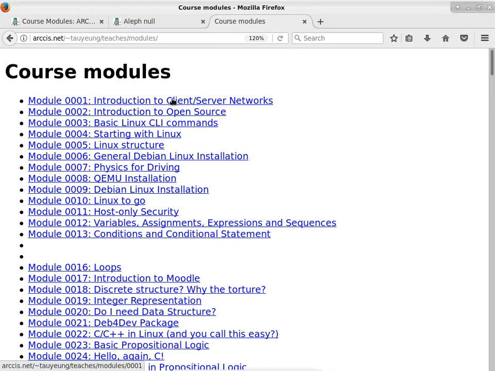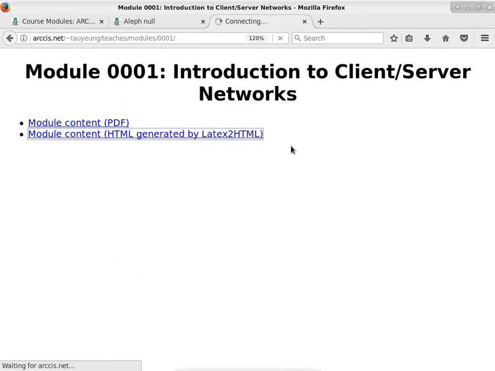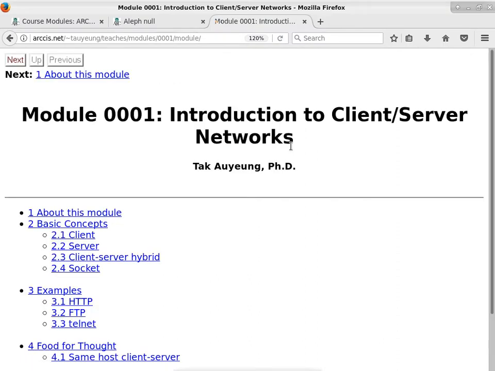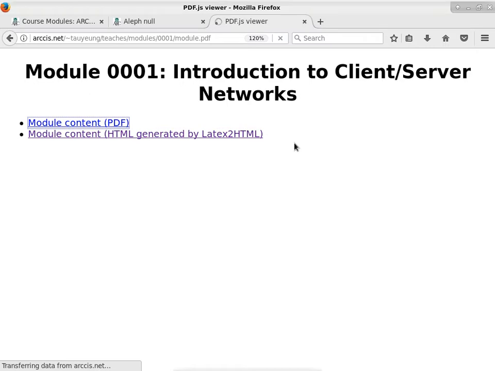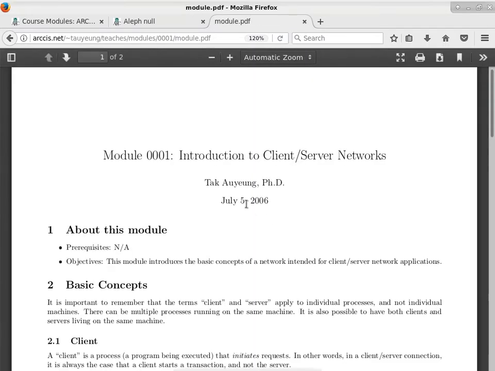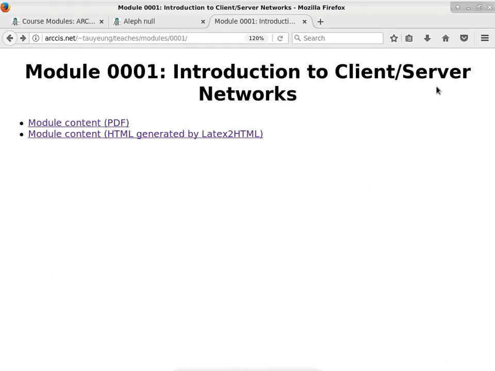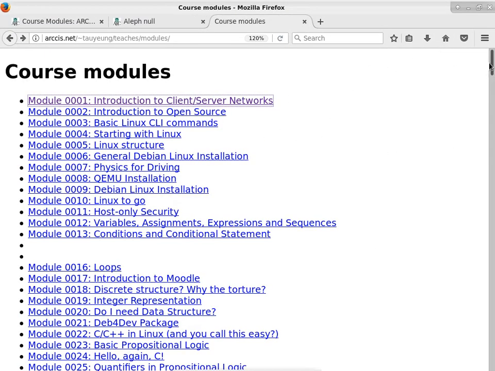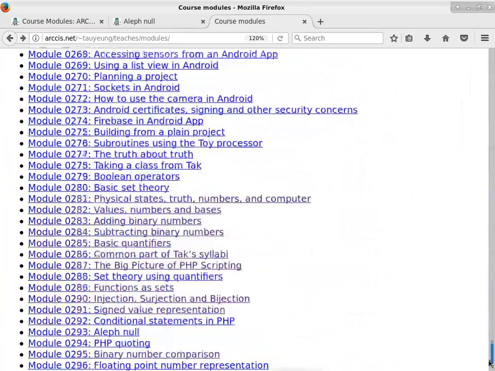It dates all the way back to Introduction to Client Server Networks, July 5th, 2006, about 11 years ago. It's a cumulative collection of everything I've written for all kinds of different things.